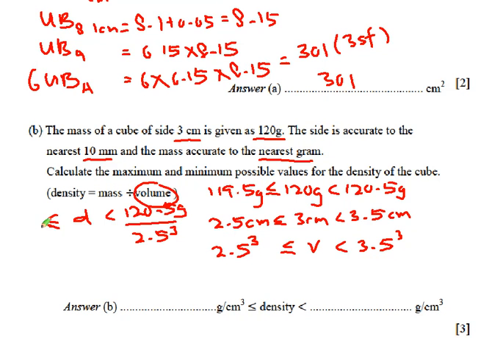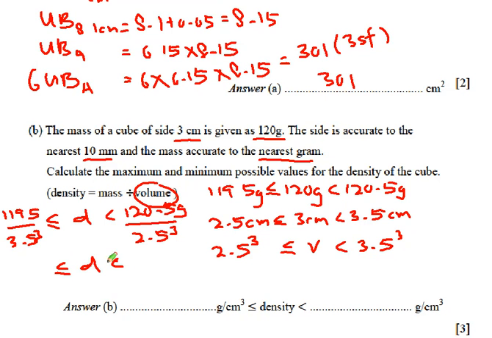And the lower bound can be found by calculating the quotient between the lower bound of the mass, 119.5, divided by the upper bound of the volume, 3.5 cubed.